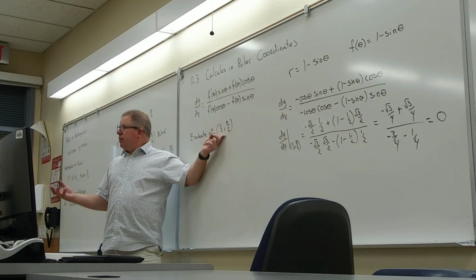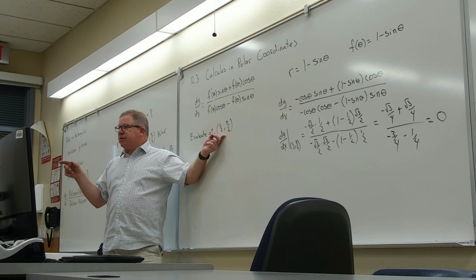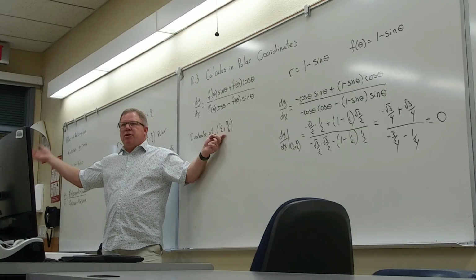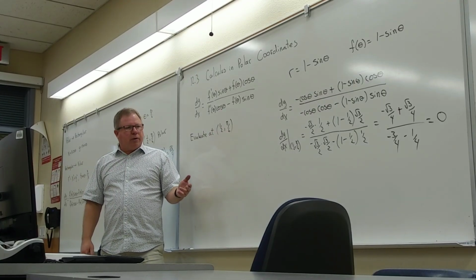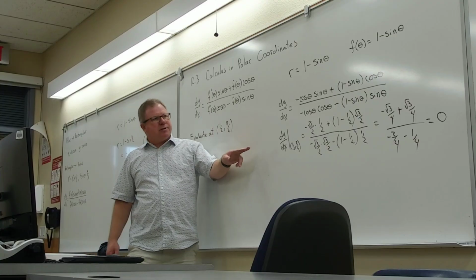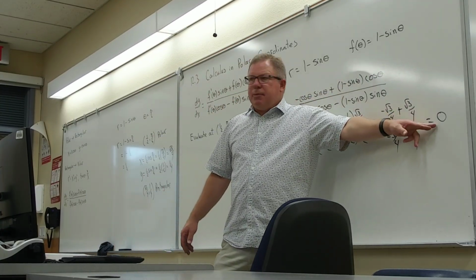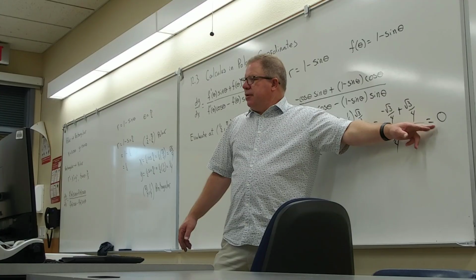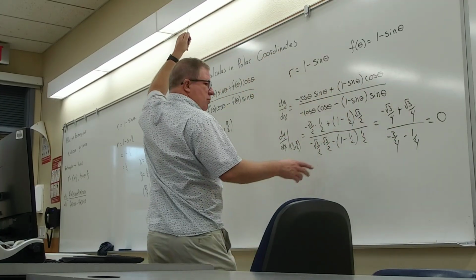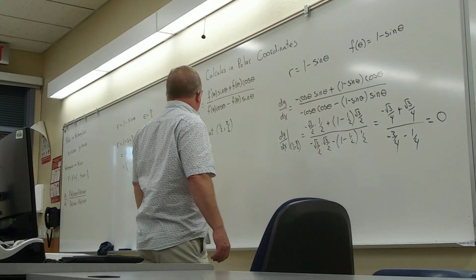When you evaluate a derivative at a point, it gives you the slope of the tangent line at that point, correct? In Math 5A you did that in first semester calculus. We're doing that right here in polar. So we put in this point, which means we only put in the pi over 6 to these thetas and evaluate that, and our slope came out to 0. And so now we saw on the graph, well, okay, our slope is 0, but where?